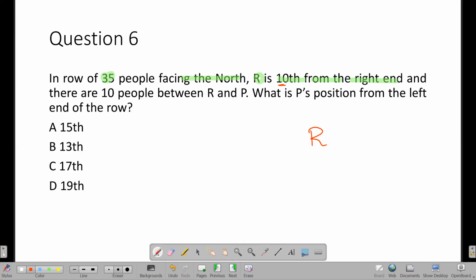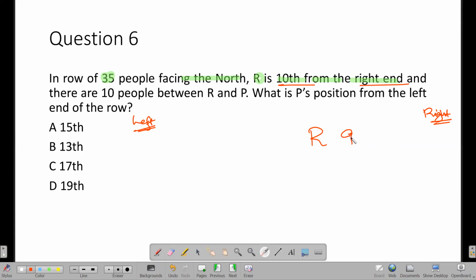R is 10th position from the right end. So we can consider that following R, there are 9 people. You can consider this to be the right end and this to be the left end. So you can see 9 people, and then from the right side, R is 10th from the right end. So following R, there should be 9 people.